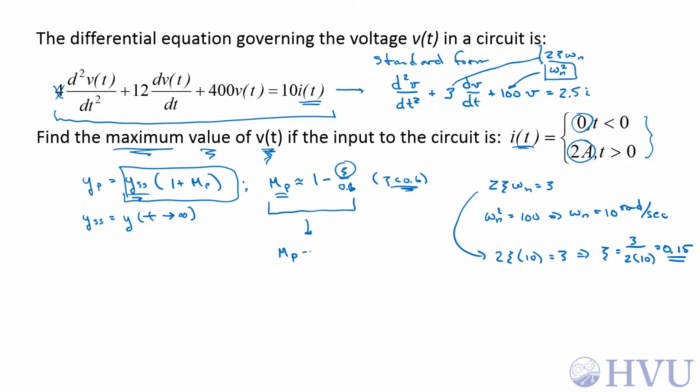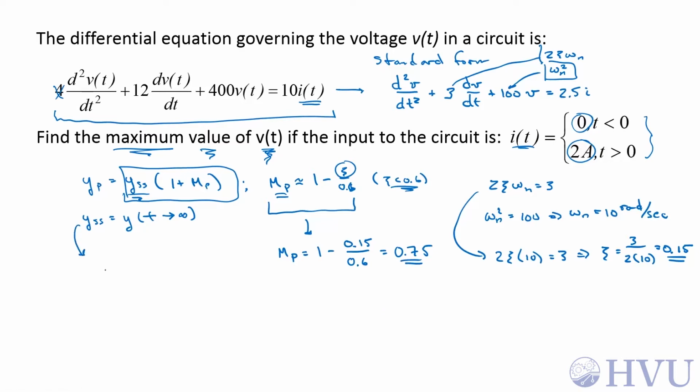So M sub p is 1 minus 0.15 over 0.6. 0.15 is 1/4 of 0.6, so that's 0.25, or we have M_p equals 0.75, or 75% overshoot.